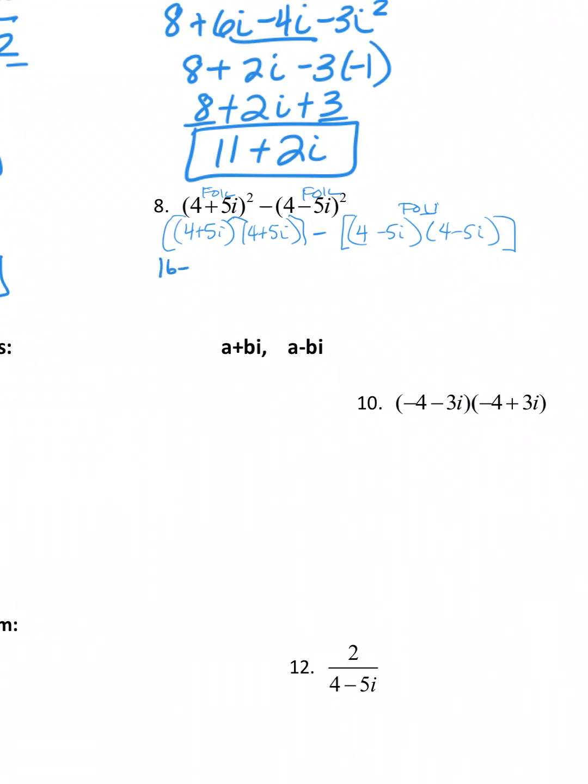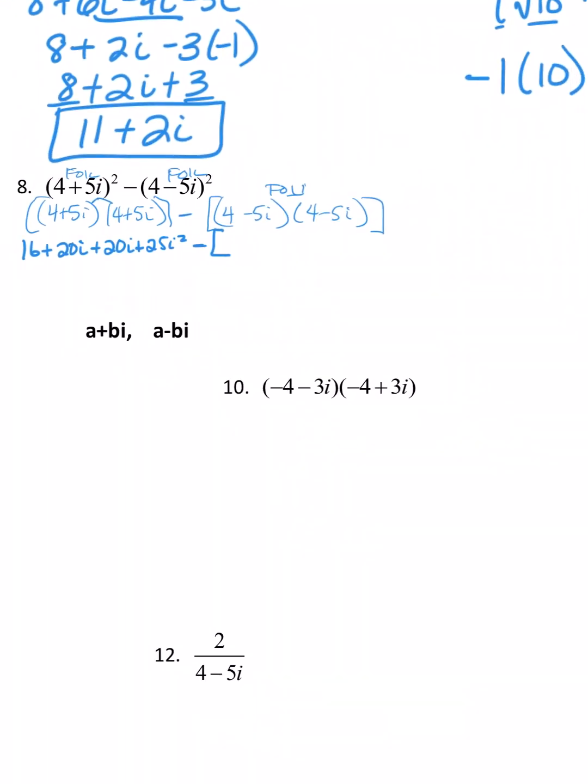We'll have 16 plus 20i plus 20i plus 25i squared. Minus, I'm going to put parentheses here because I'm going to need to distribute that negative eventually. Let's FOIL this one. We'll have 16 minus 20i minus 20i plus 25i squared.